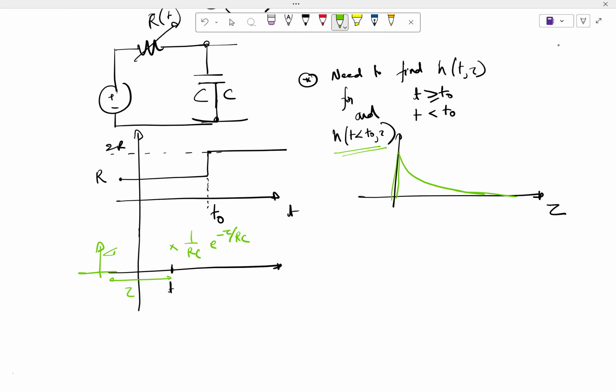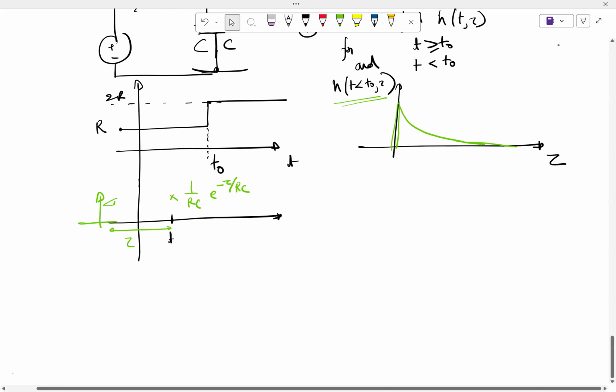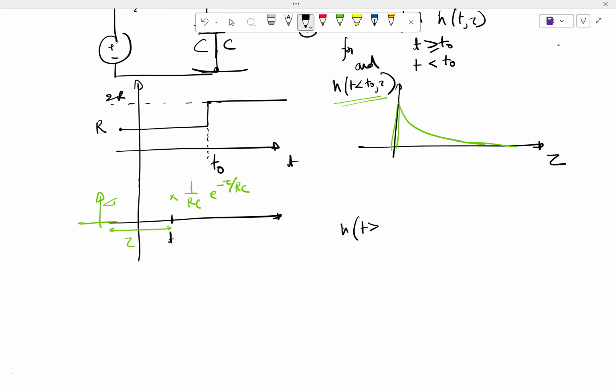So there should not be any effect of t naught, I should say. Okay, so now let's come to the more interesting part, where I have to find out h of t greater than or equal to t naught, tau, or this is also less than or equal to, which is fine. So I can simply say h of t greater than t naught, tau, and both should kind of converge.